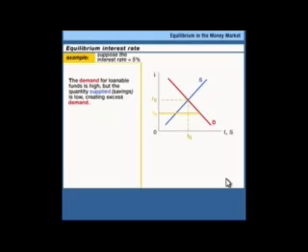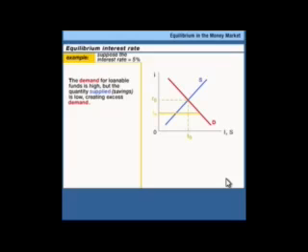They can't afford to pay those higher interest rates and still make a profit on their investment projects. So as the interest rate is bid up, we move along the red demand curve. That is, the quantity of loanable funds demanded shrinks. Over here, as the interest rate is bid up, households want to supply more loanable funds because the return is higher.